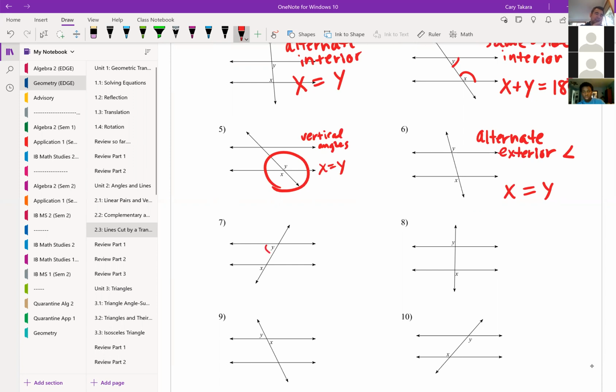One is inside, then one is exterior, but they are on the same side.